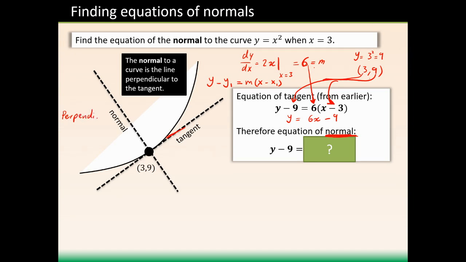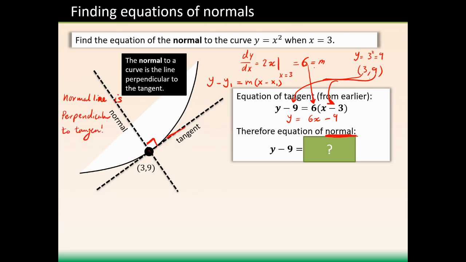So the normal is a line that is perpendicular to the tangent at any point. The normal line is perpendicular to the tangent.